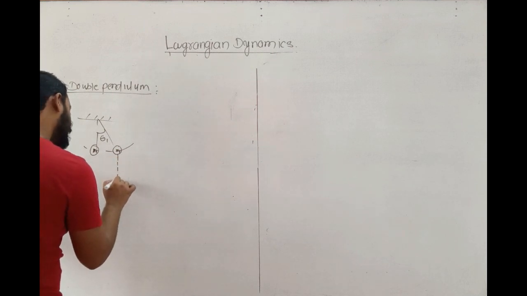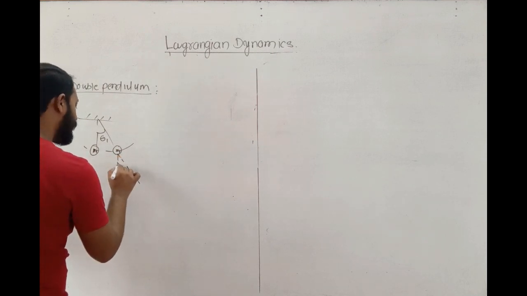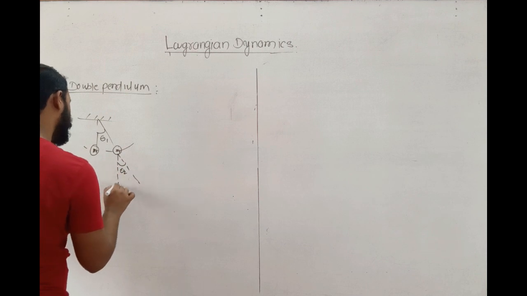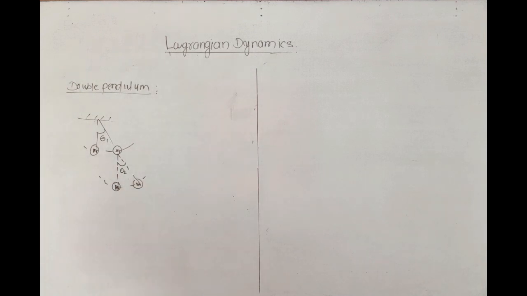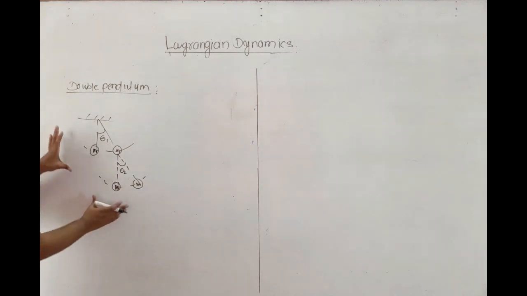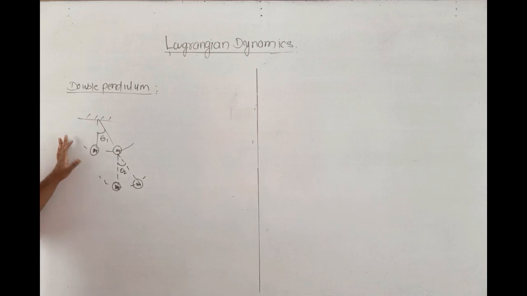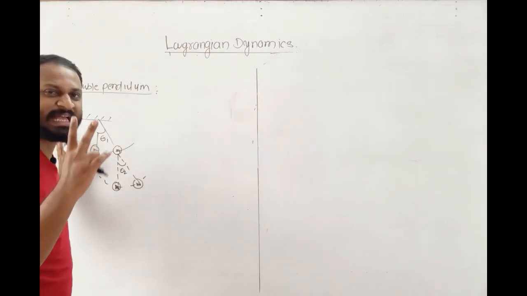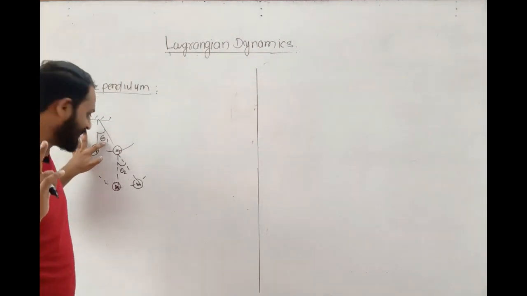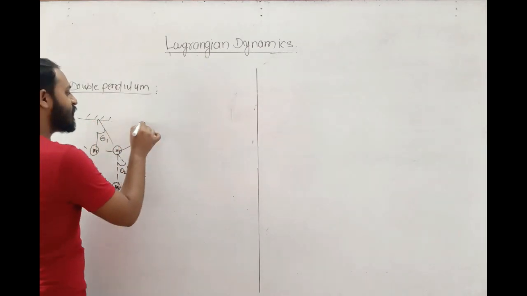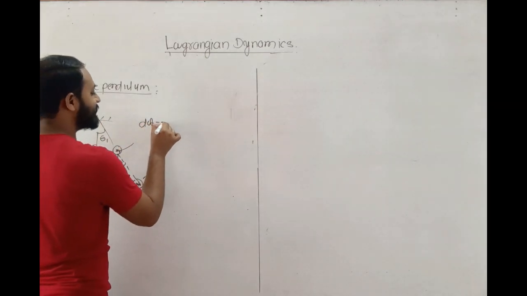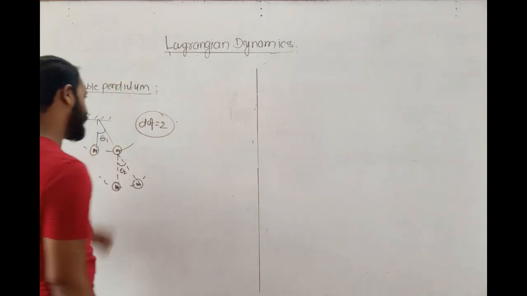Then again the pendulum, double pendulum, theta 2, mass m2 moving like this. Now see, to describe the double pendulum system, you need only two variables. That is, the first one theta 1 for m1 and theta 2 for m2. Therefore, degree of freedom is how many? 2. Simple सवाल था भाई.